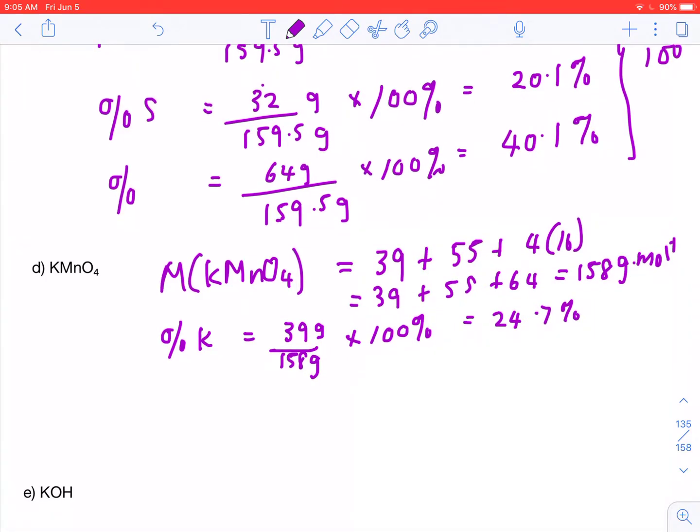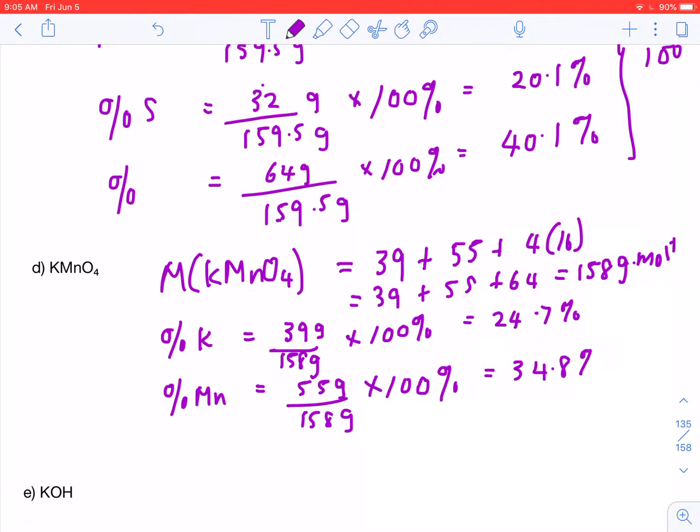And if we want manganese, the percentage of manganese is equal to 55 grams upon 158 grams times 100%, which gives us 34.8%. Right.